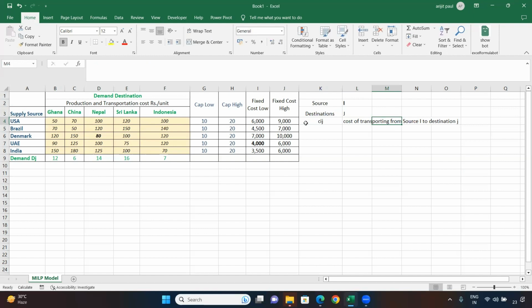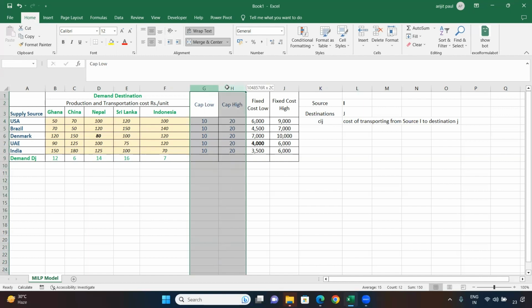Now, what is cap low and cap high? Basically, this is a plant with low capacity. Here we have segregated the plant into two different types based on capacity. The first is a low capacity plant, where you can produce around 10 units. And this is a high capacity plant where you can produce 20 units. Now, what is the cost of setting up the plant?